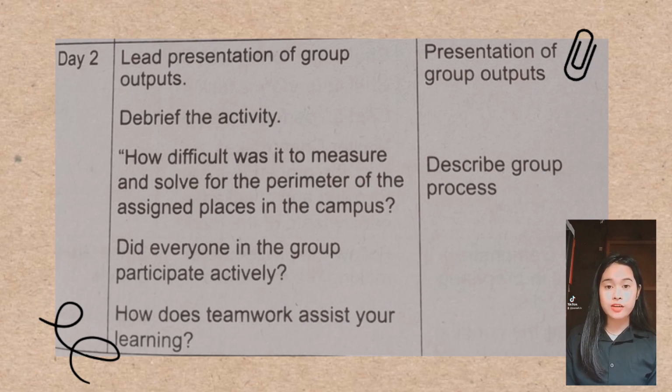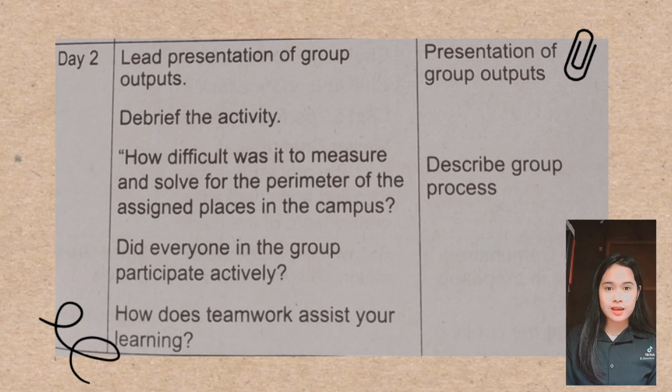The first question is how difficult was it to measure and solve for the perimeter of the assigned places in the campus? Second question is did everyone in the group participate actively? And the third question is how does teamwork assist your learning? For the learners' activity, it is the presentations of group outputs and describing the group process.